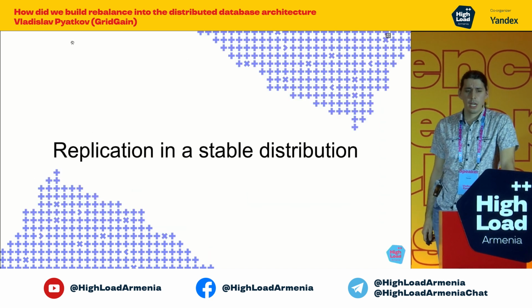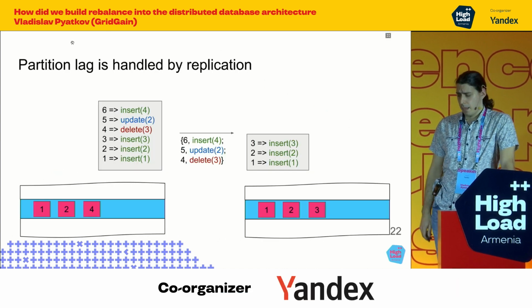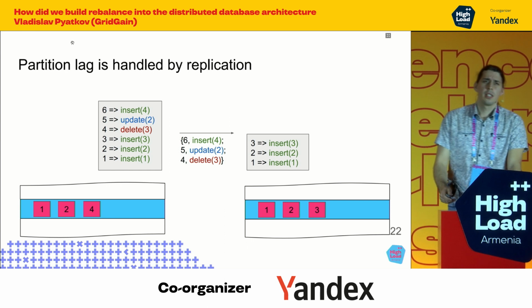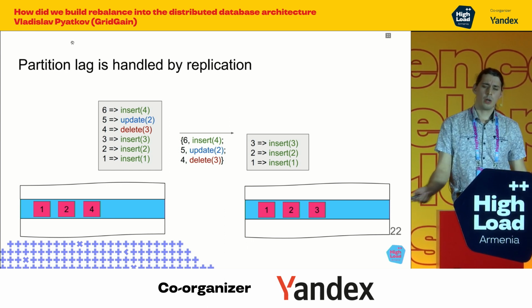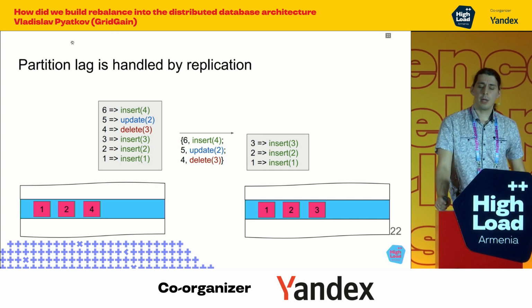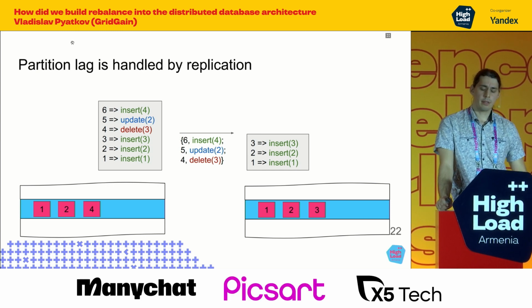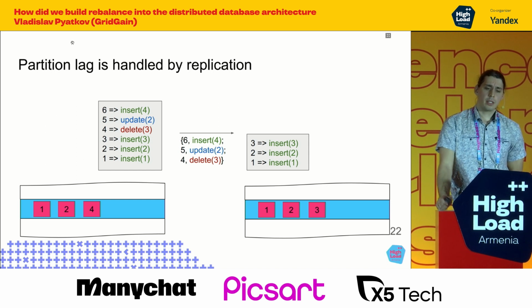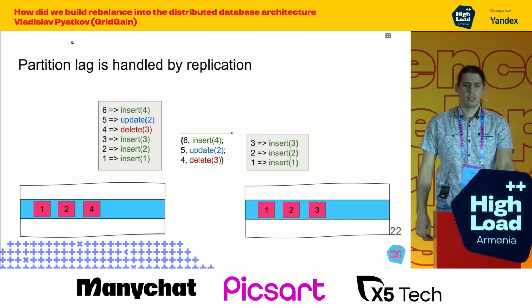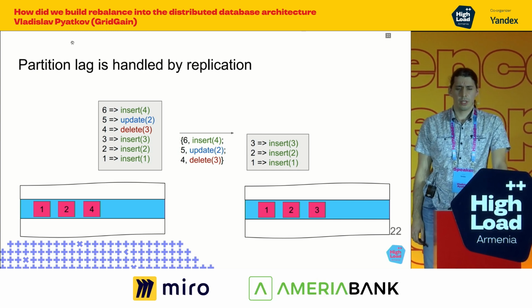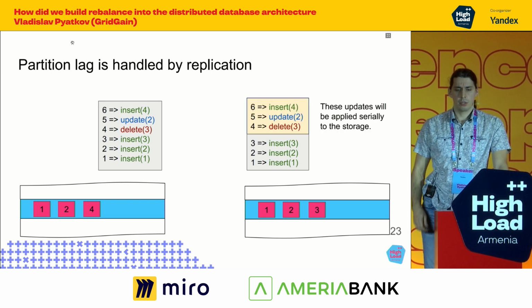And we're ready to describe replication in a stable topology. Look at the slide. Here we have 2 replicas. The right one misses several updates, 3 updates, and the other replica is up to date. The up-to-date replica sends 3 updates to the other replica, and the updates are applied to the log storage.